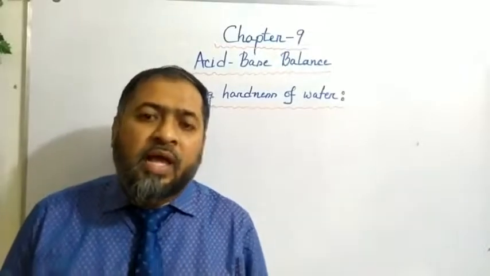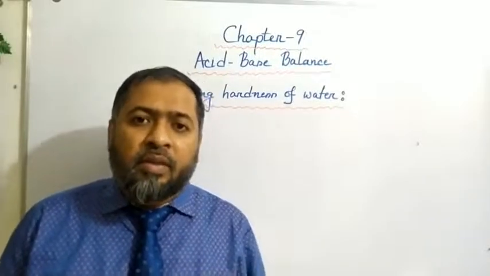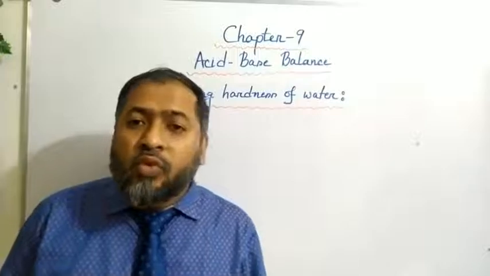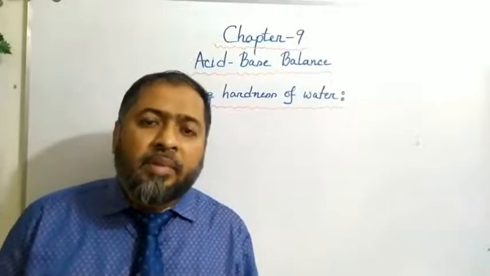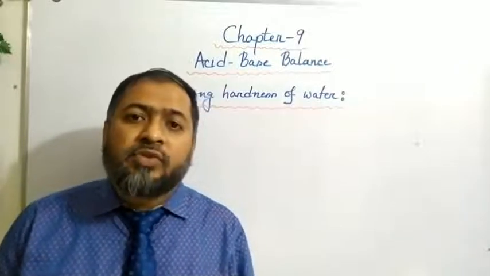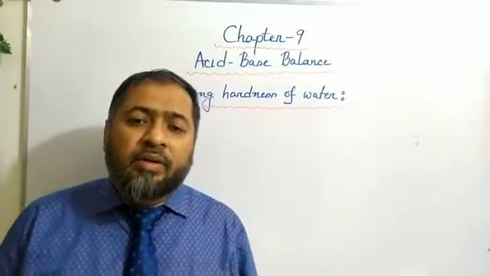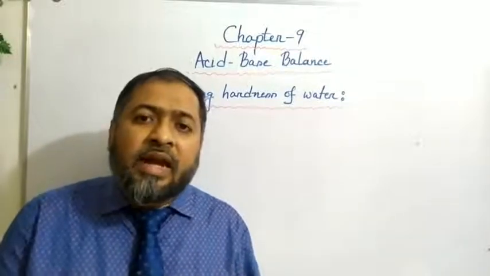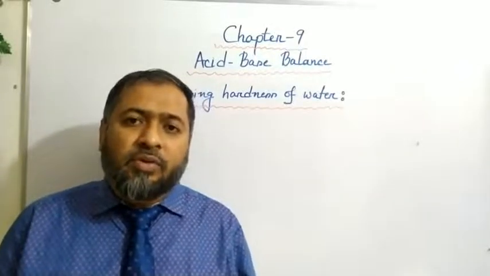Now students, how can we remove the hardness of water? As we know, there are two types of hard water: temporary hard water and permanent hard water. The process of removing hardness is also of two types. For temporary hard water, we know this hardness is caused by the presence of bicarbonate salt.